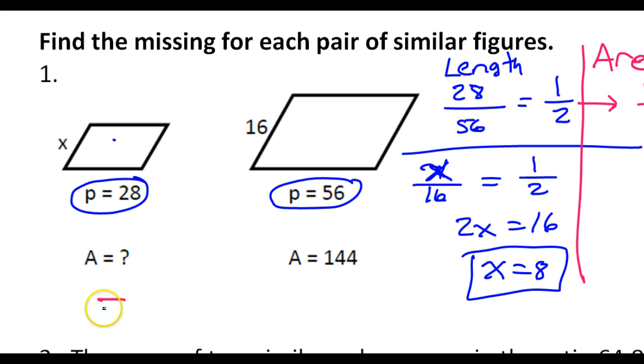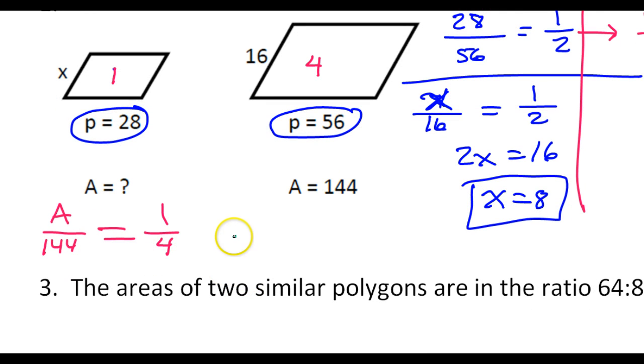So I'm going to set up my proportion. I'm going to use the scale factor of 1 to 4. So area-wise, the scale factor is 1 to 4. When I set up my proportion, this will be my area over 144. 1 to 4, area to 144. And then I'll just cross multiply. So that'll give me 4a is equal to 144.